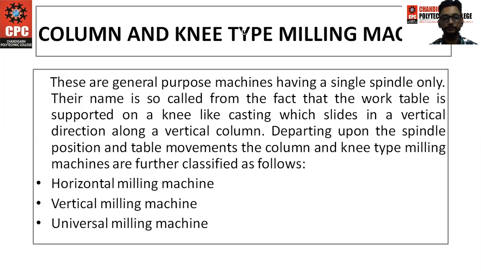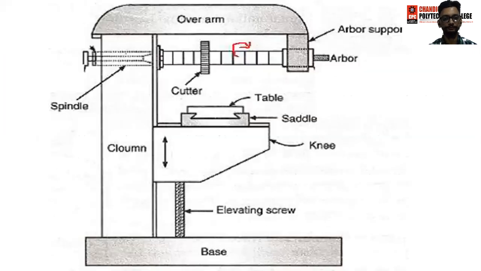Depending upon the spindle position and table movement, the column and knee type milling machines are further classified as follows: first is horizontal milling machine, second is vertical milling machine, and third is universal milling machine.